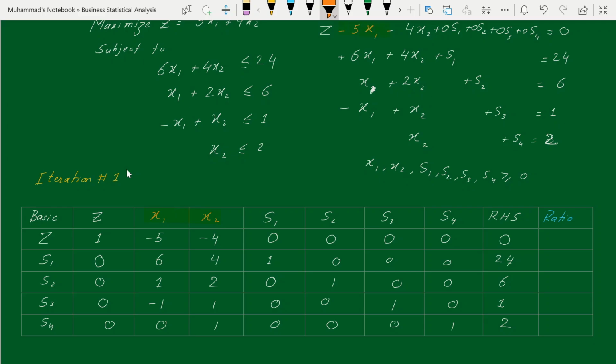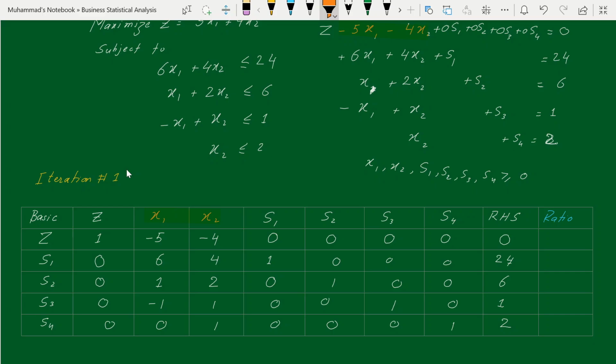If you look at the coefficients of variables in the objective function, if it is a maximization problem, then we choose the most negative number, or the minimum number. If we are dealing with a minimization problem, then we choose the maximum coefficient of variables in the objective function.